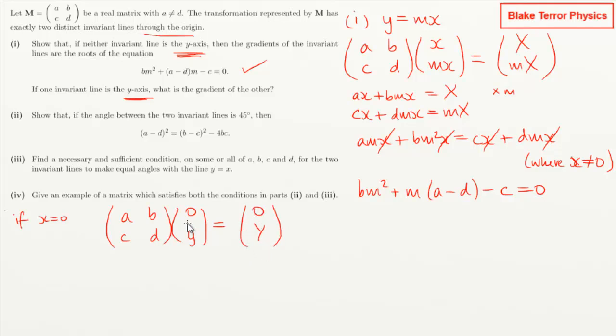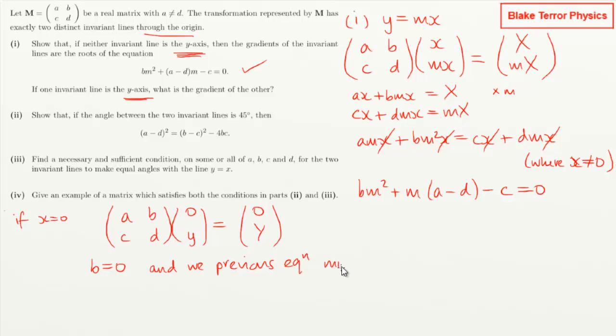So let's make that a capital Y. Multiplying this out, a times 0 plus b times y is equal to 0, so b is equal to 0, and the previous equation has got to hold for the other line.